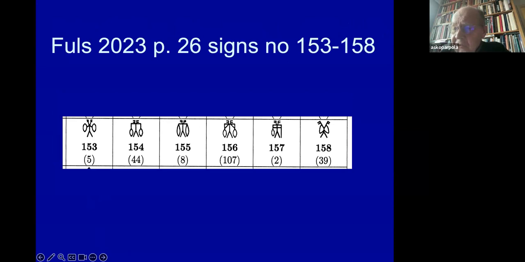Our conflation of the above signs is criticized by Wells in connection with our conflation of his signs numbers 153 to 158, which we shall discuss now.